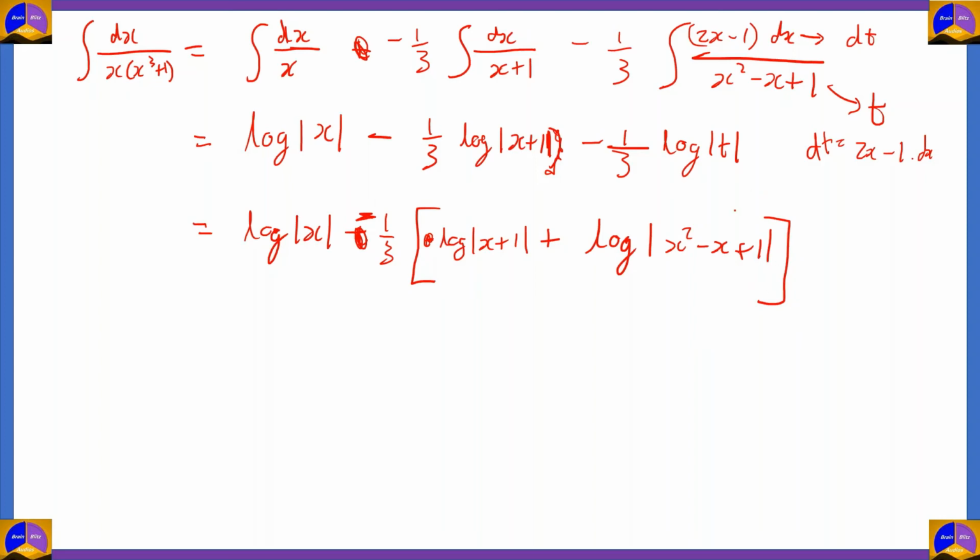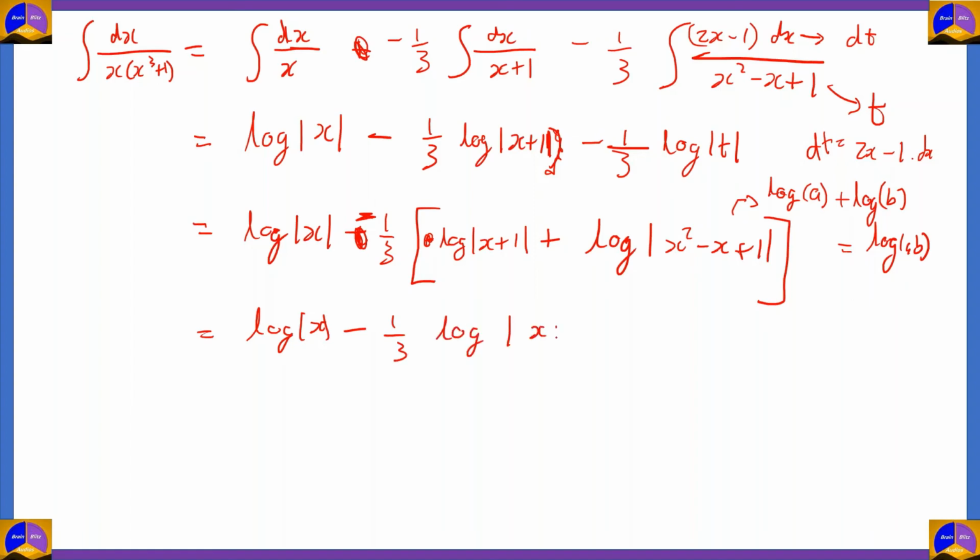Right now, we have the classic case of log a plus log b. And what is the value? It is just log ab. So now let's rewrite it. So log mod x minus 1 by 3 times log mod x plus 1 times x squared minus x plus 1.